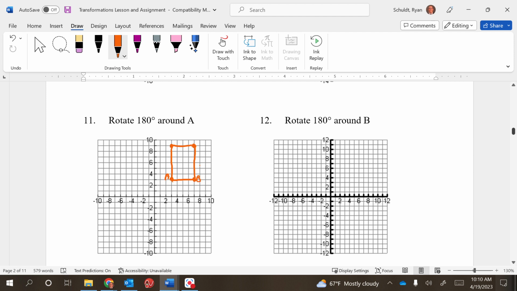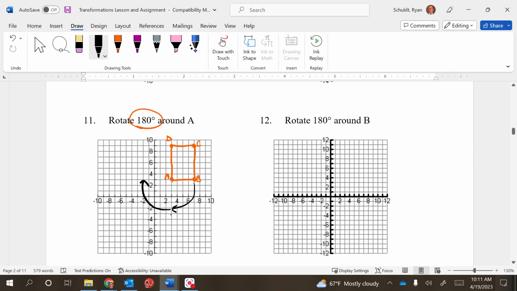A, B, C, D. Okay, rotate 180 degrees around A. So that means this B has to not only move 90, it's got to go a full 180.